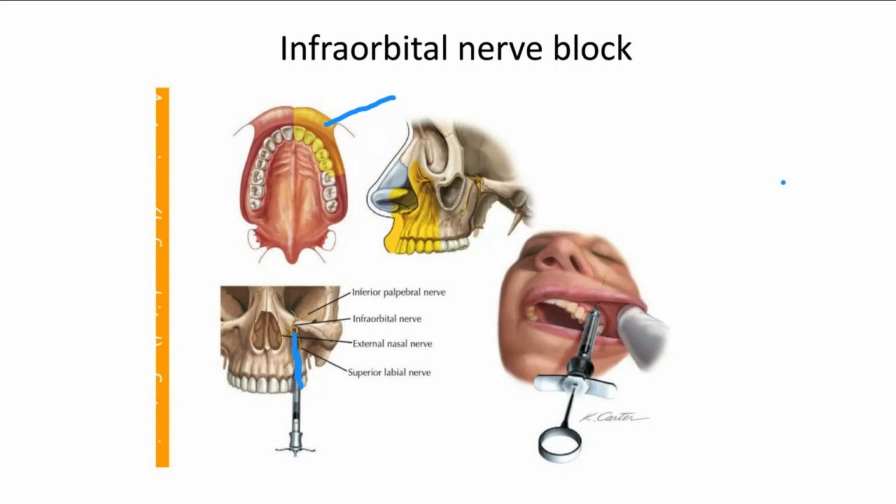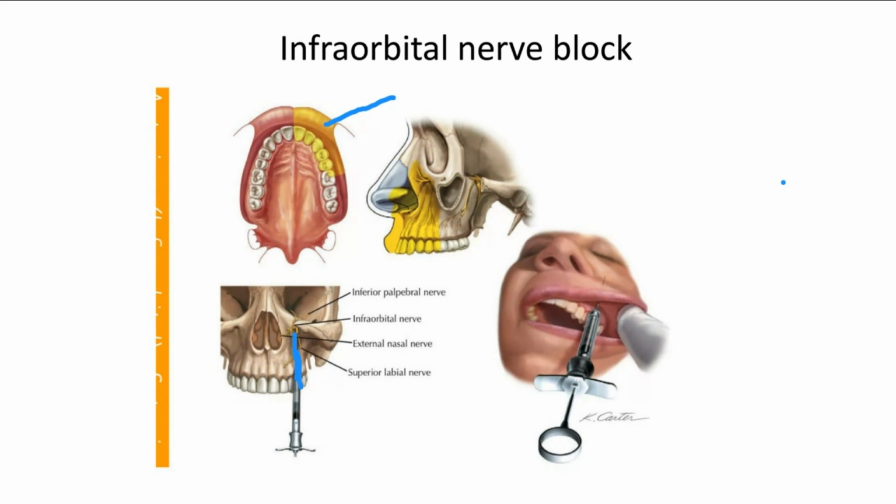So they always say between the canine and first premolar or the first premolar, and you're going in at less angle, almost parallel, in order to go all the way to the infraorbital foramen. So name of the technique, infraorbital nerve block. Point of entrance about the first premolar, just like the ASA, or between the canine and the first premolar. Number three, what's your territory? It is ASA and MSA combined.